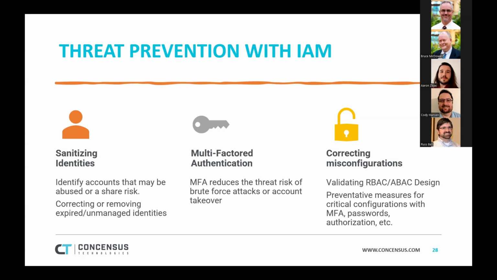Correcting any other misconfigurations is another useful way we can help prevent. A common way to configure identities in IAM is using RBAC or ABAC design. These stand for role-based access control or attribute-based access control. If the design for either of those is outdated or unmanaged, then the access to downstream environments can be inaccurate or a risk.